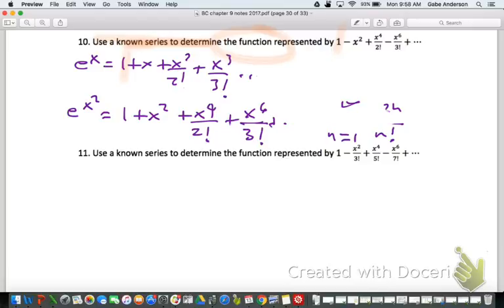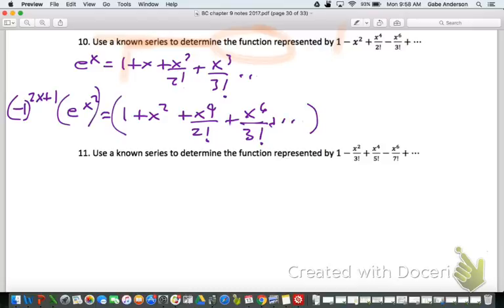No. It works. So you're proposing to multiply by negative 1 to the 2x plus 1. Yeah. I fail to see what that does. How is that going to cause it to alternate?